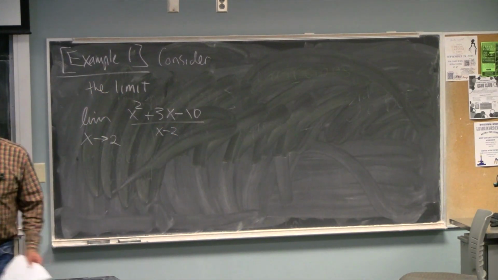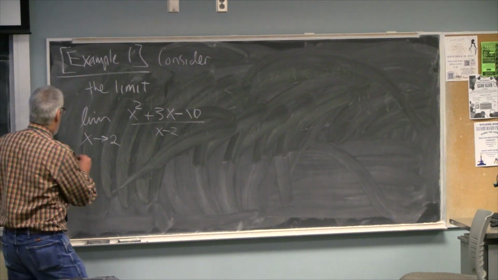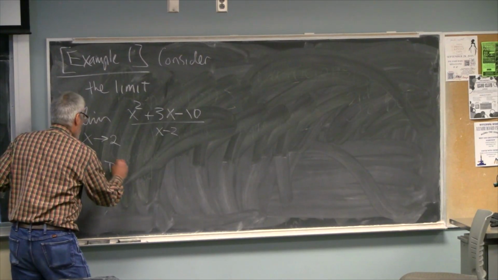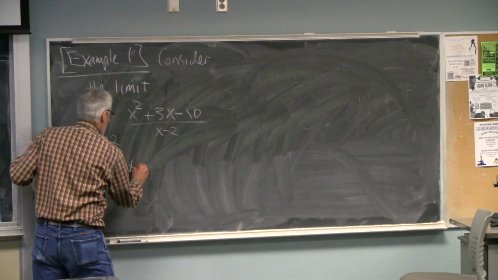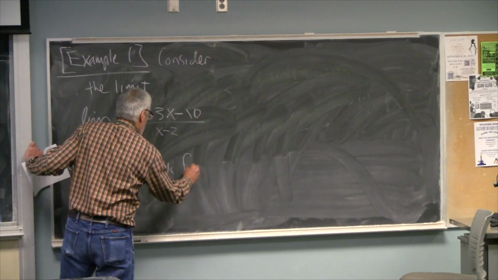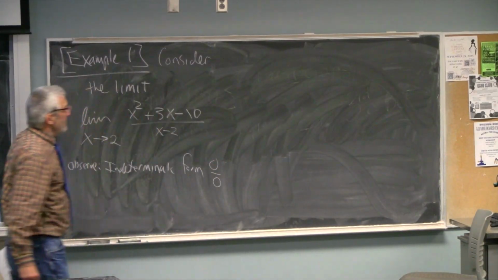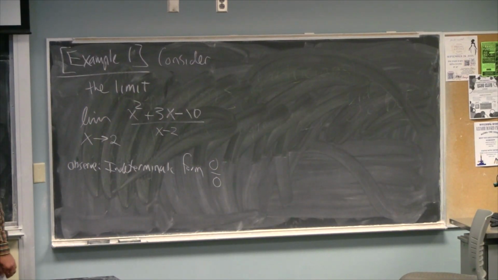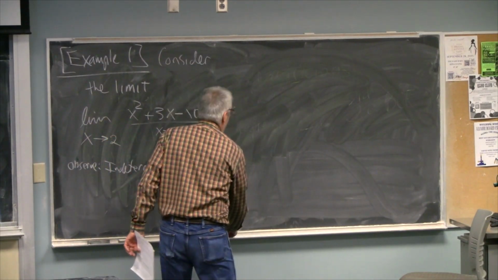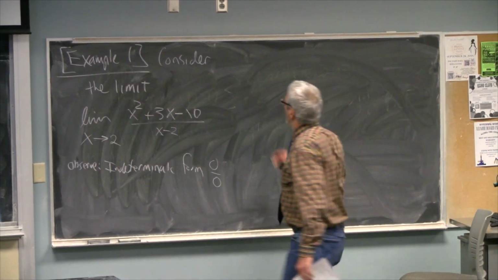Observe that that's in indeterminate form, 0 over 0. Now, we've had limits like this back in section 1.4. So I'm going to say, question A, find the limit using section 1.4 techniques.